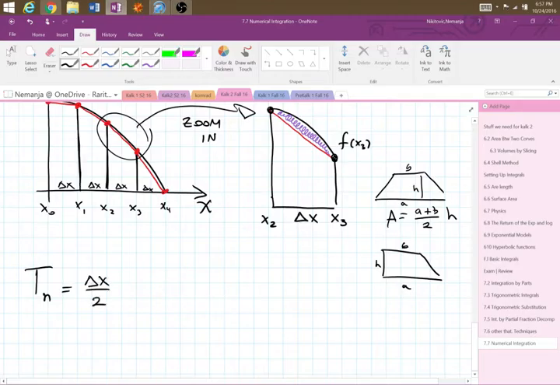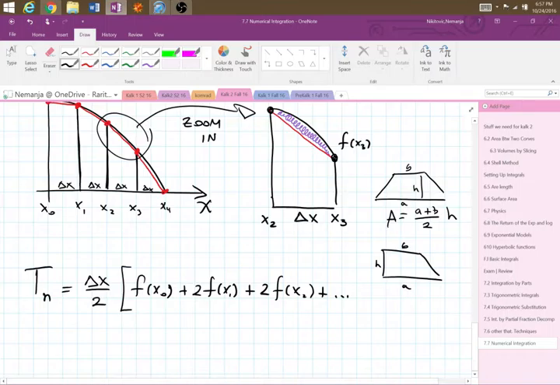Without deriving this for some time: delta x over 2, and now we go f of x0 plus 2 f of x1 plus 2 f of x2 plus dot dot dot plus 2 f of x n minus 1 plus f of xn.